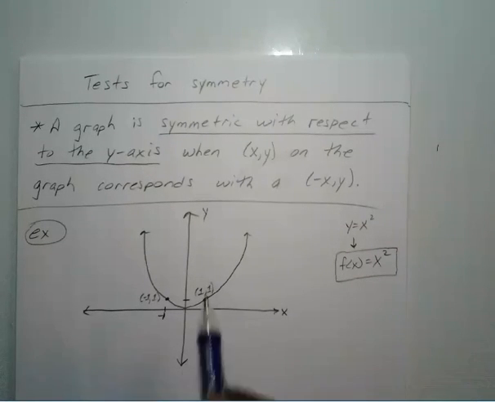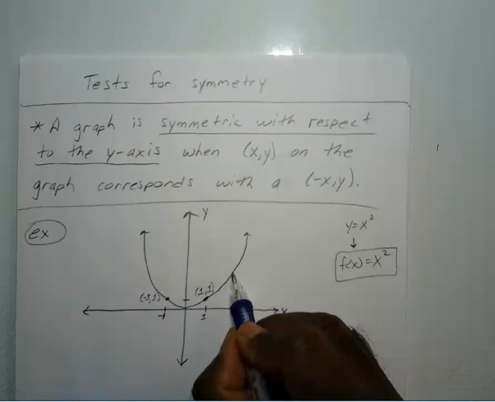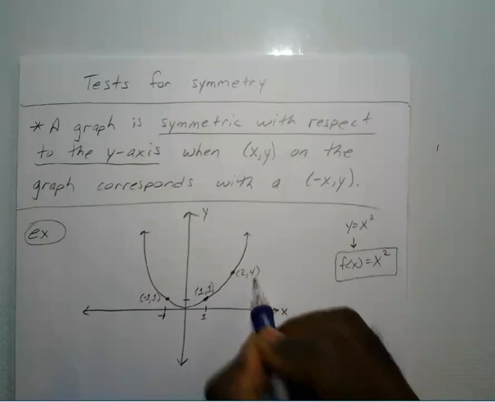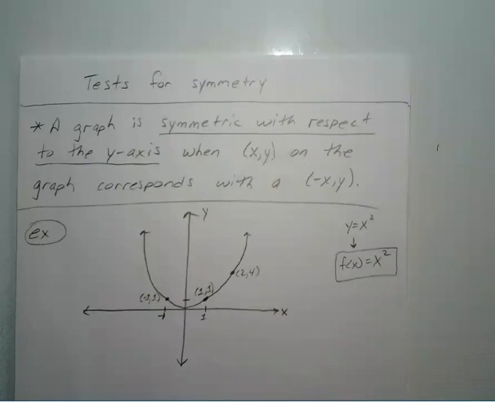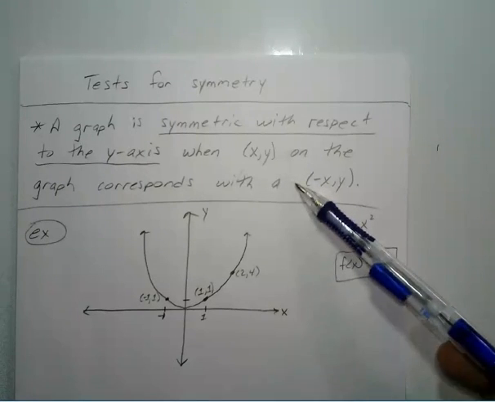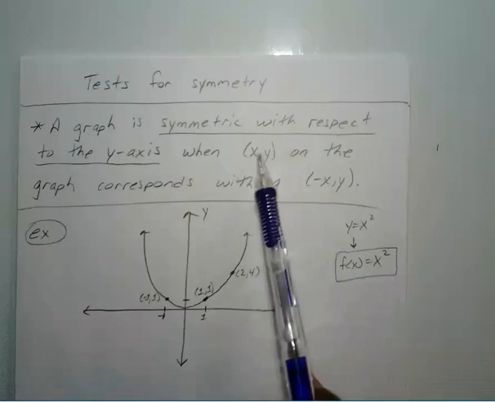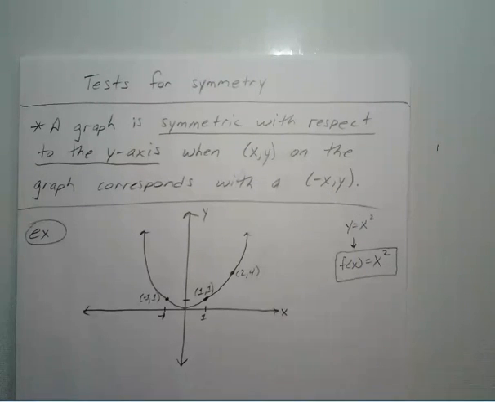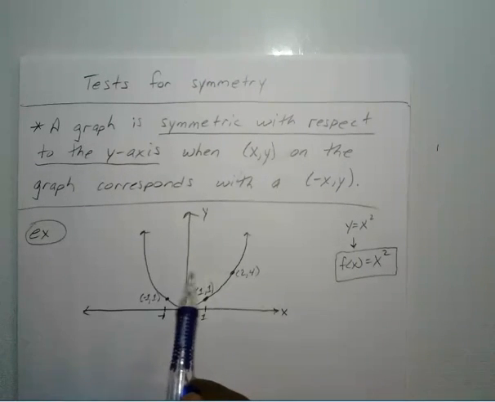What if we go a little further up the graph? What if this is 2 comma 4? According to this definition of a graph that's symmetric to the y-axis, we have 2 comma 4, so there should be a negative 2 comma 4 on the graph.